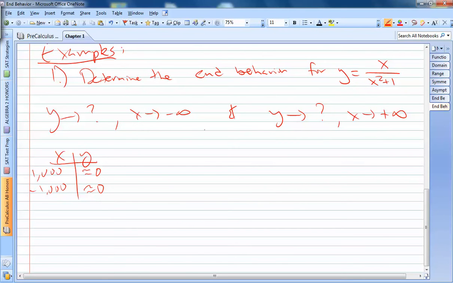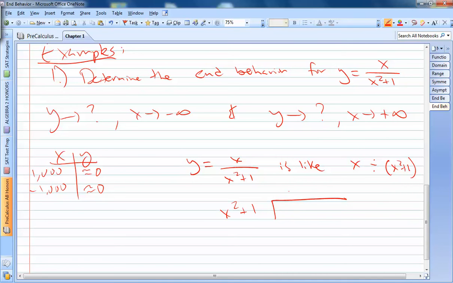Another way you could look at this is that x over x squared plus 1 is like saying x divided by x squared plus 1. I know this is going to be a bit mind-blowing, but if I were to do long division here, I want to work it out. What do I multiply x squared by to get x?